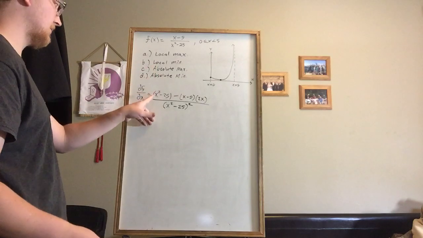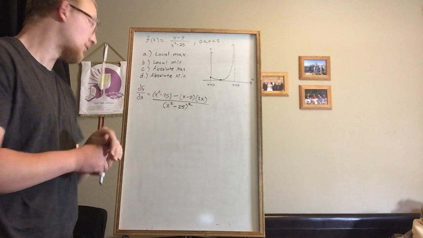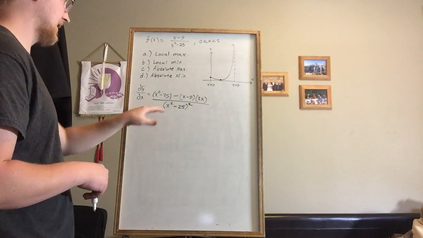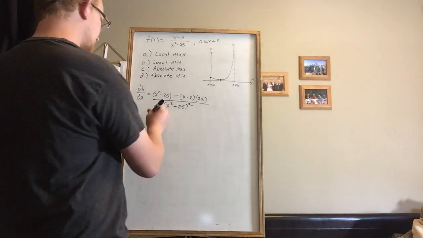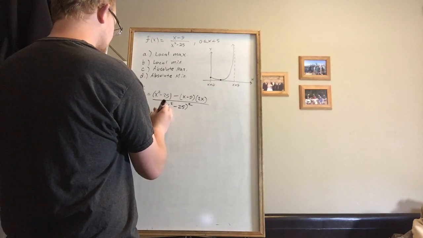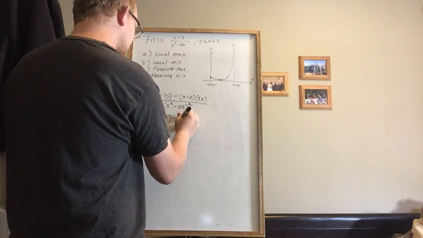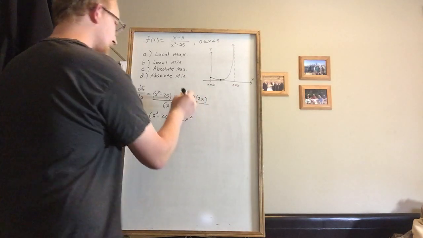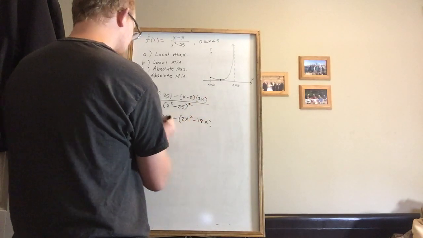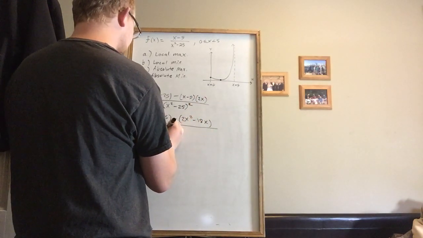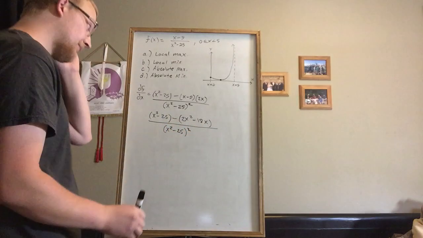And so right there we did low d high minus high d low all over low squared. That's the quotient rule. This is what we're left with. Let's go ahead and simplify it. So I'm going to multiply my 2x in. I'm going to end up with x squared minus 25 minus (2x squared minus 18x) all over (x squared minus 25) squared.